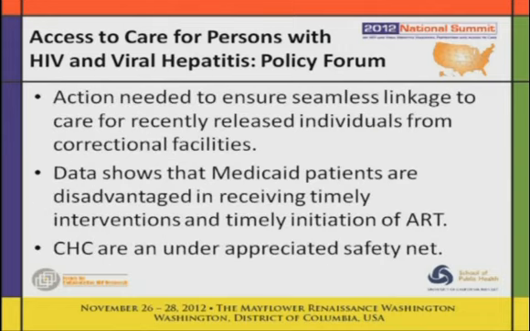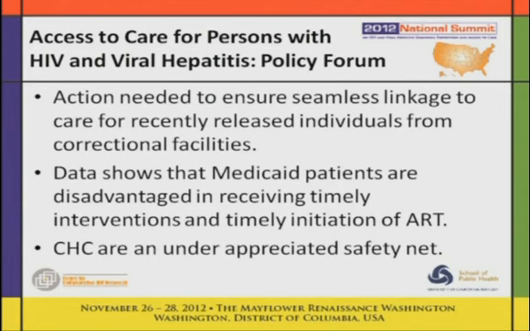Also in that same forum, we found that action was needed to ensure seamless linkage to care for recently released individuals from correctional facilities, which we've already heard earlier. It was interesting being last to listen to some of the cross-cutting themes that we didn't have any idea were going on since we were in the same room.